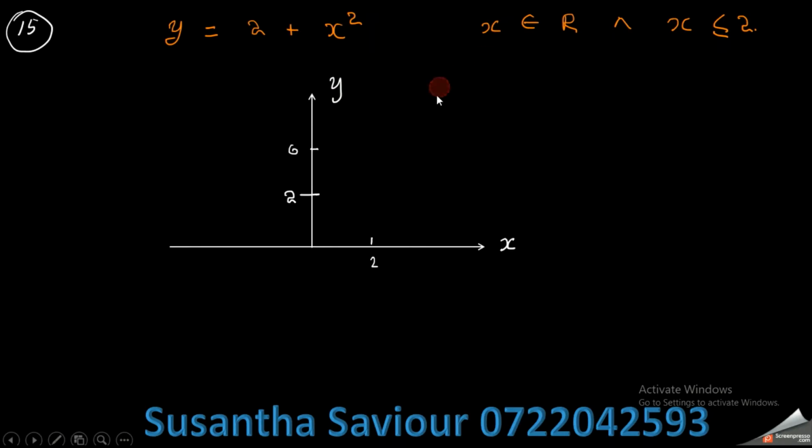We take 2 points, right? When x is equal to 2 it is 6. When x is equal to 0 it is 2, and if the domain was not restricted this part of the curve also would be there. This part of the curve also would be there, but this is not there now because the domain is restricted, it is below 2.